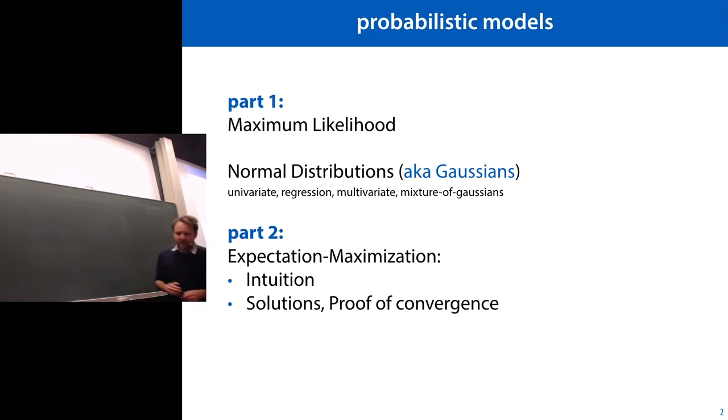Let's go to the plan, right away. The only thing we're going to talk about today is maximum likelihood estimation, which is this frequentist principle that I told you about in the last lecture, where you choose the parameters for your model that maximize the likelihood of your data.